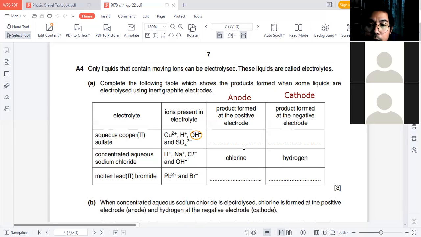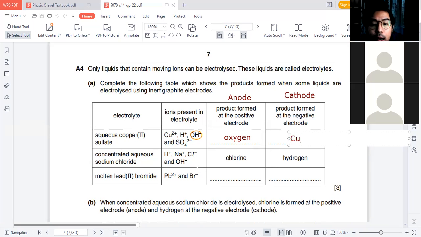So the answer here is oxygen. Now at the cathode, the cation depends on the reactivity series; the least reactive is removed first. Between hydrogen and copper, copper is the least reactive, so copper is discharged first. So here you produce Cu.